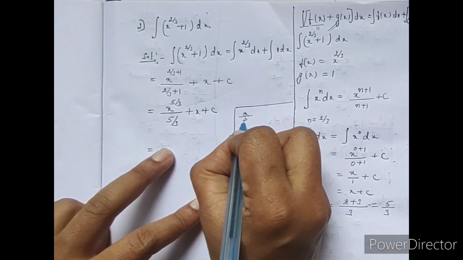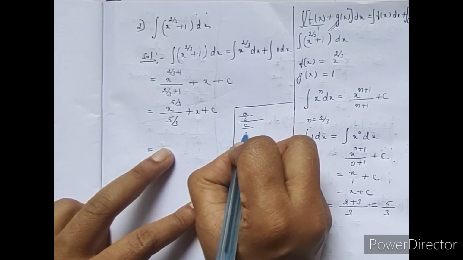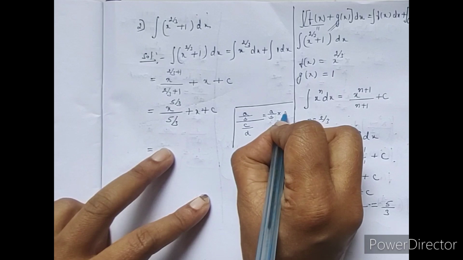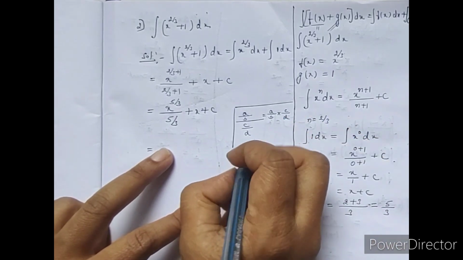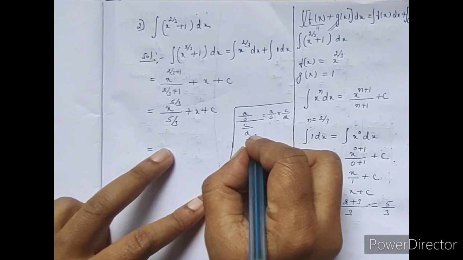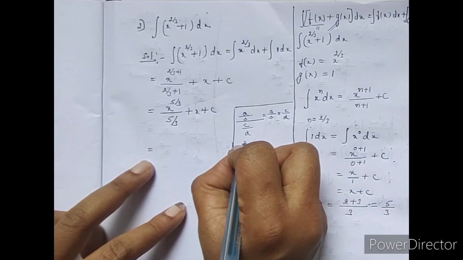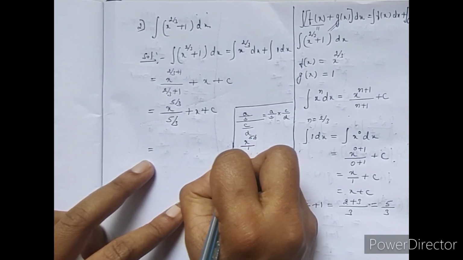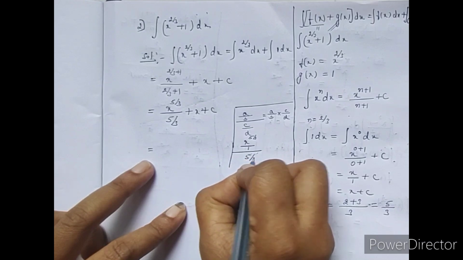So we know that a divided by b divided by c divided by d can be written as a by b into d by c. So therefore we can write this as x to the power of 5 by 3 divided by 1 divided by 5 by 3.